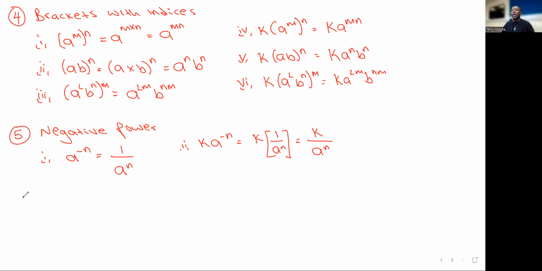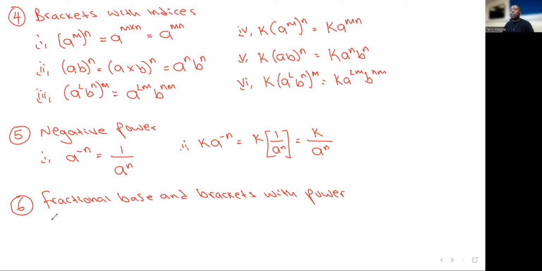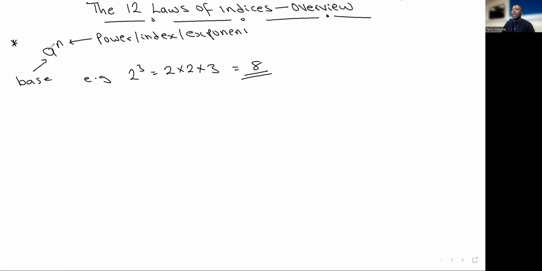Number 6, we're halfway there now. We're going to have what I call the fractional base and brackets with power. In this case, what I'm trying to say is that the base we're having now is in fraction.